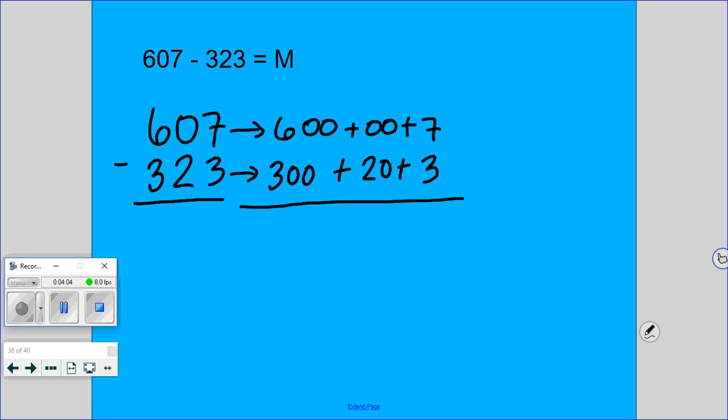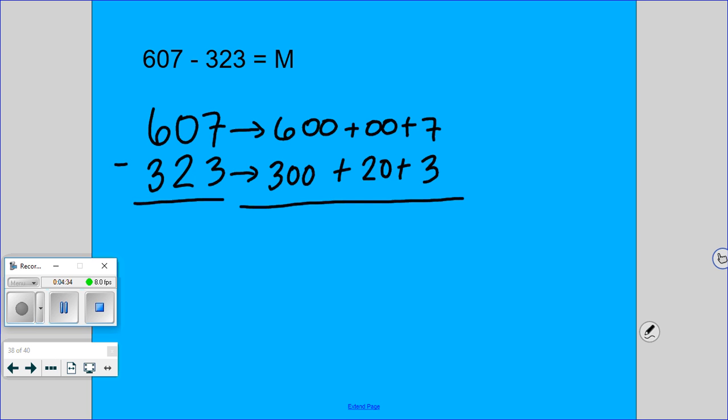Where do I start? I always start with the smallest unit. Why do I start with my smallest unit?